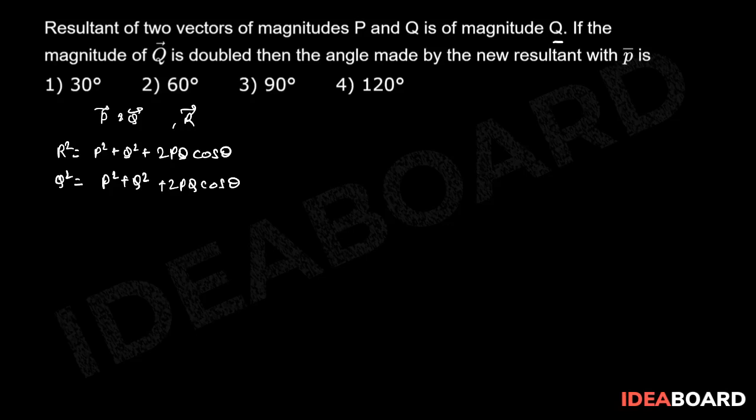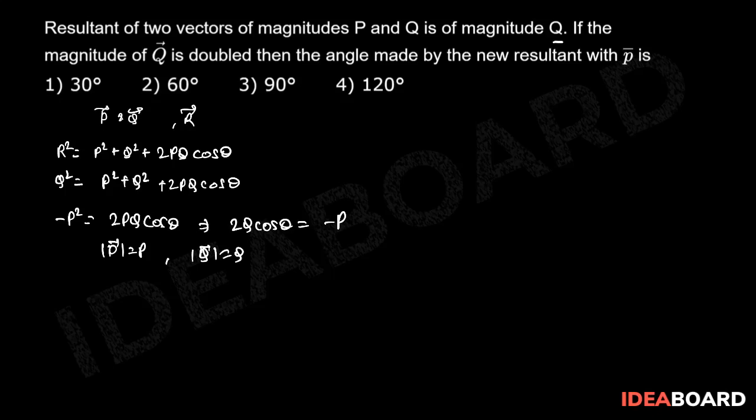So after simplifying we can write this as minus p square will be equal to 2pq cos theta. That means 2q cos theta will be equal to minus p. Here I have denoted magnitude of p vector as p and magnitude of q vector as q.